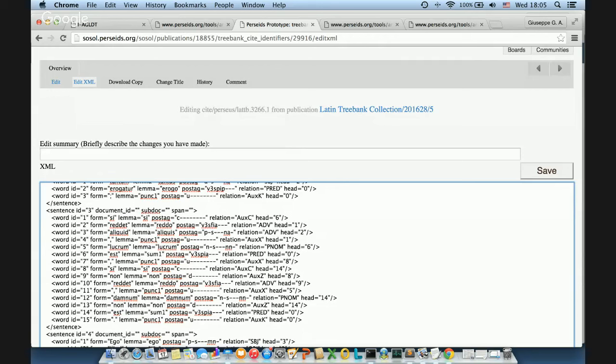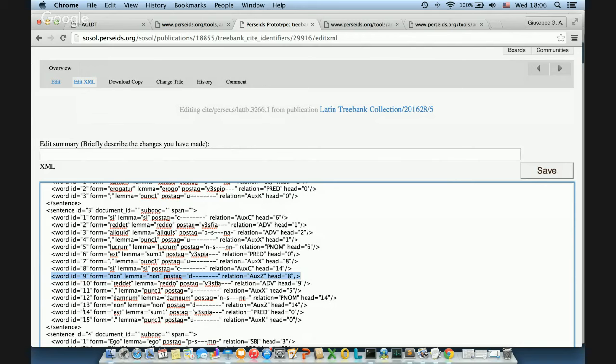Because, for example, if I have a problem with tokenization, I probably need to add or delete a word element here. The ID number is automatically changed.